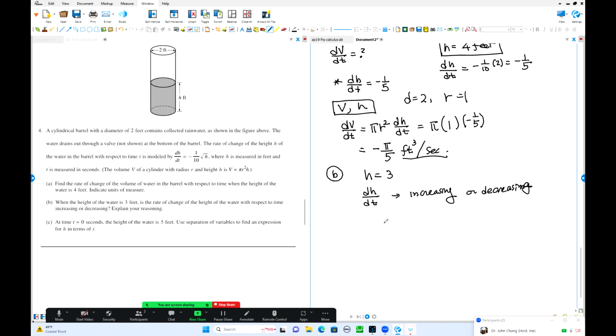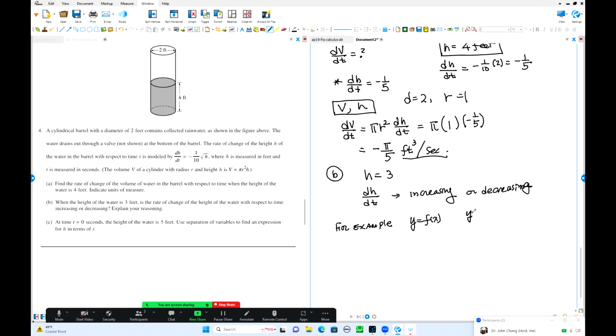All right, so what am I going to do over here? How can you find whether it is increasing or decreasing? For example, if we have a graph of y equals f of x, how can you tell whether, at some instant, some value of x, it is increasing or decreasing?